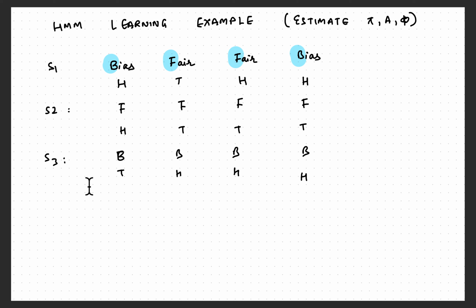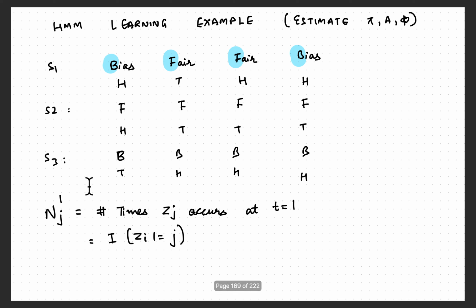Okay, so first things first, we want to calculate n superscript 1 subscript j, which is telling us the number of times zj would occur at time t equal to 1. We calculate this term as a summation. Oh, there's a summation which I've missed over here. Summation over the indicator of zi 1 equal to j.